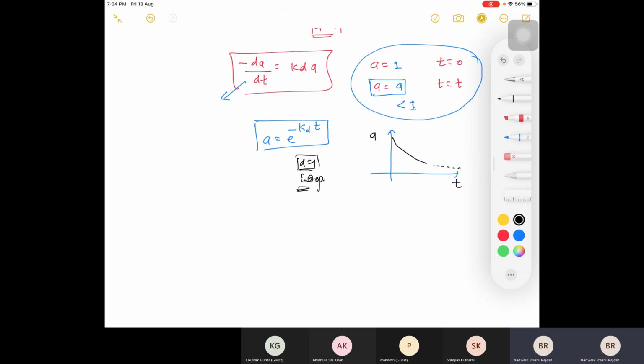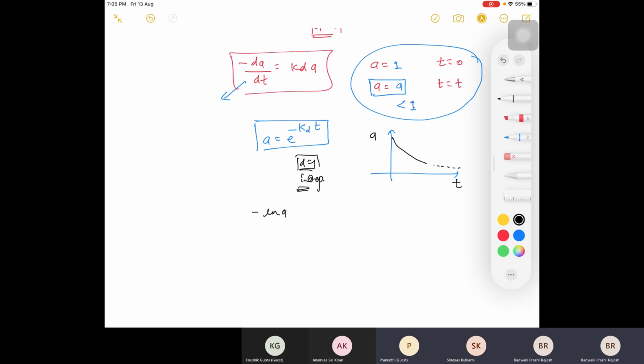If I'm writing in terms of ln, then minus ln a. Are you getting this answer? Yes, sir.